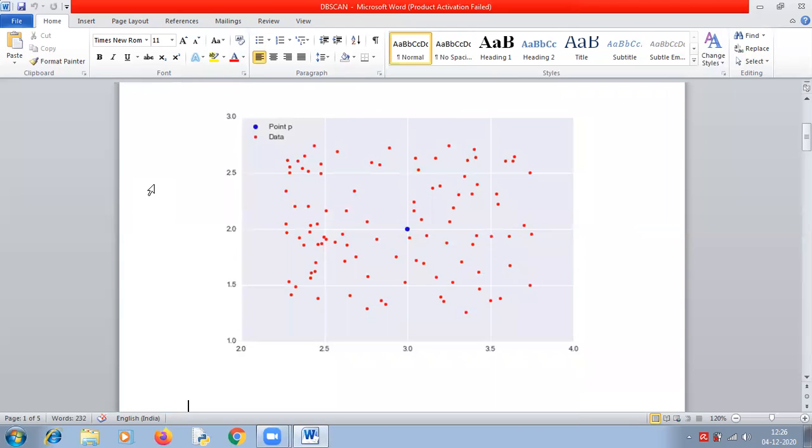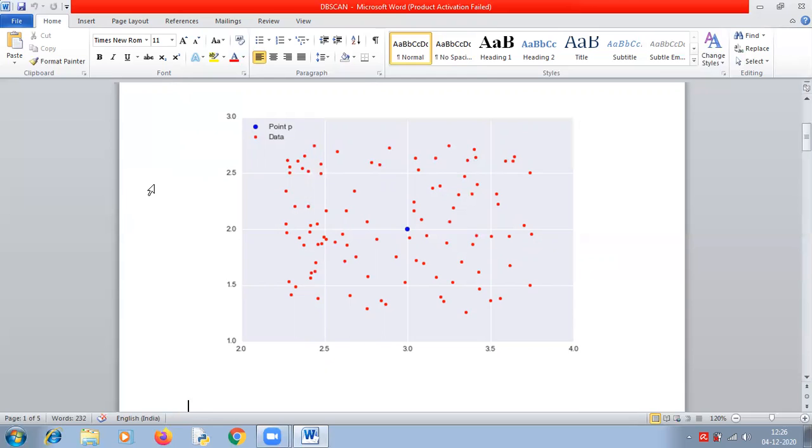In a 2D space, the epsilon neighborhood of a point P is the set of points contained in a circle of radius epsilon centered at P. In 3D space, the epsilon neighborhood is a sphere of radius epsilon centered at P. And in higher dimensional space, the epsilon neighborhood is just the n-sphere of radius epsilon centered at P.